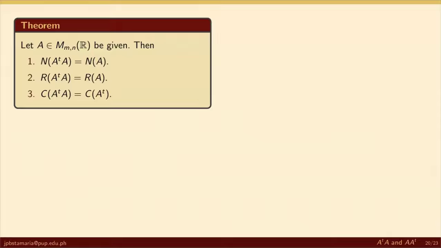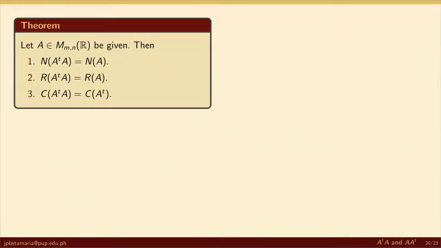In fact, the row space of A transpose A is not really different from the row space of A. That's the consequence. But for the column space, it's a little bit controversial, because the column space of A transpose A is not the column space of A; rather, it's the column space of A transpose.